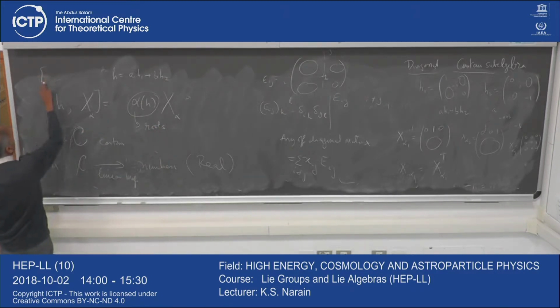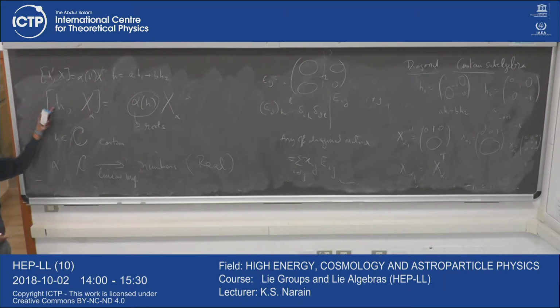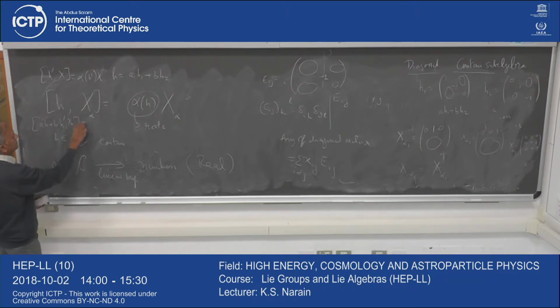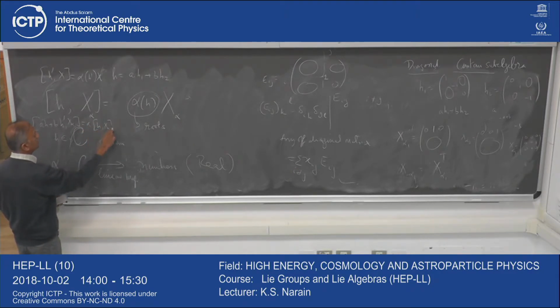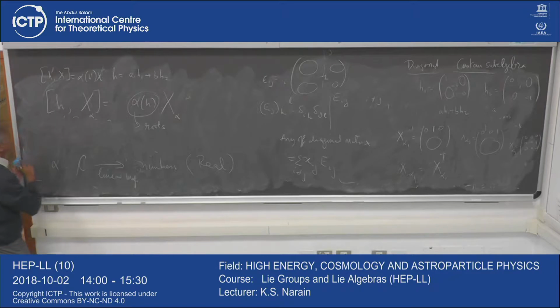So in other words, if I have an H prime with the X, it will be by definition alpha of H prime X. Now if I take the sum of H prime plus H and take the commutator, say AH plus BH prime, where A and B are numbers, with X alpha, then if I take AH plus BH prime, X alpha commutator, you just open it up.